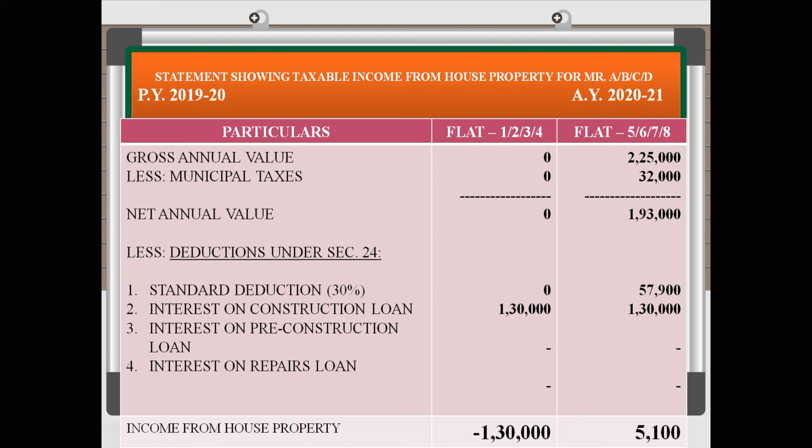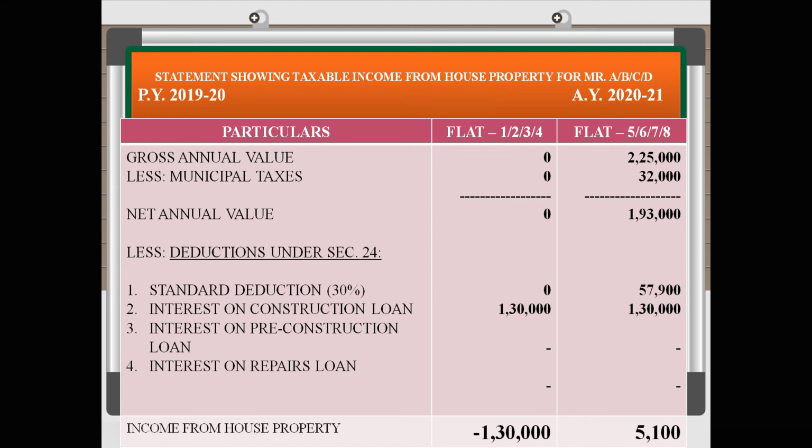Less municipal taxes. Municipal taxes are given in other details, point 7, municipal taxes are 64,000. We take half, 1:1. Don't forget 1:1. That will give us 32,000.